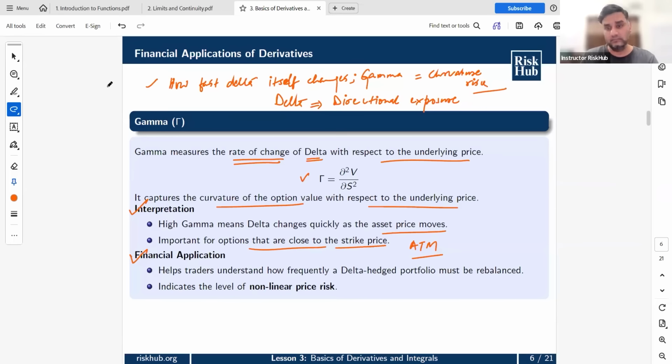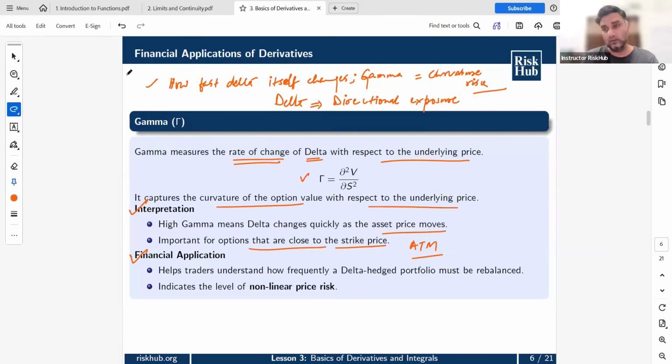Overall, it's a very simple analysis. Students must understand that derivatives measure how things change in finance. Whenever we try to understand how price changes, how risk changes, how option sensitivity behaves, we use derivatives such as delta and gamma.